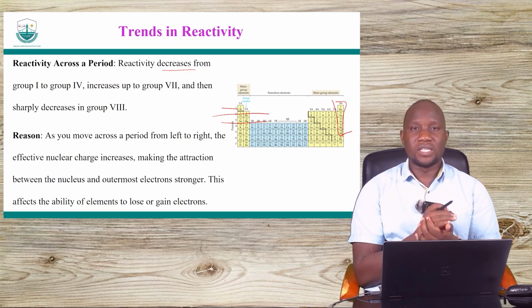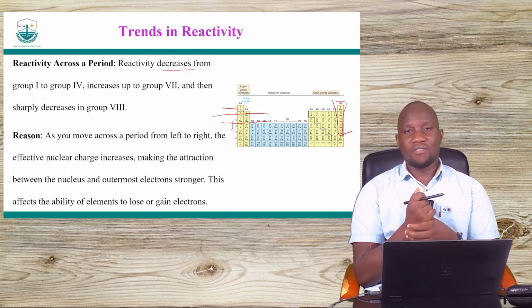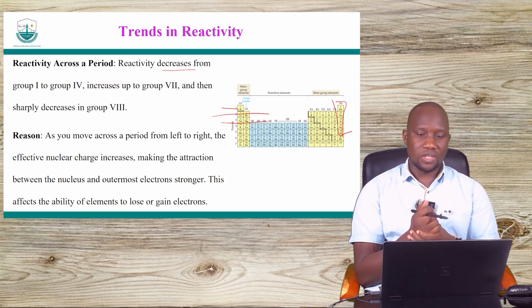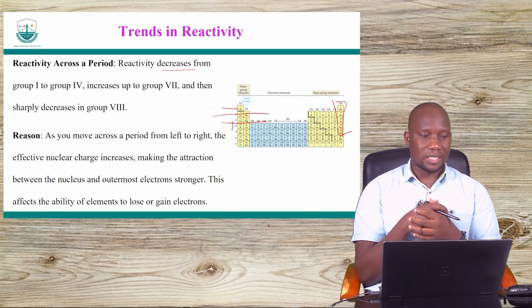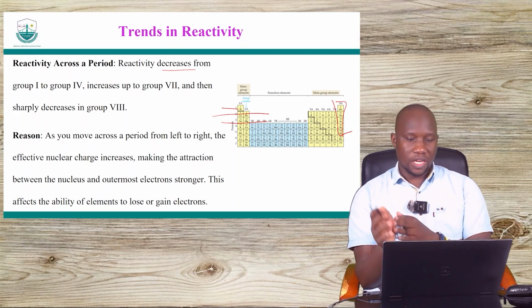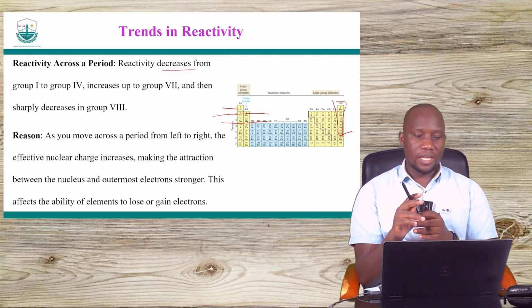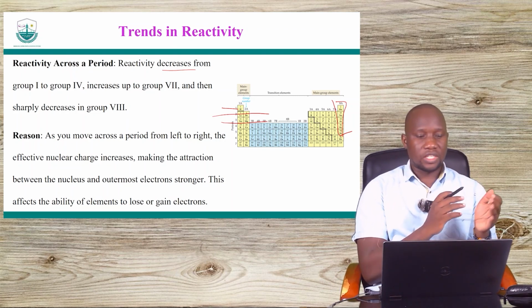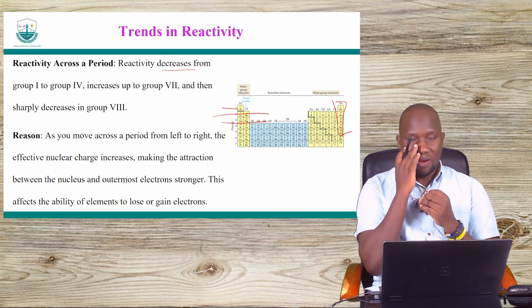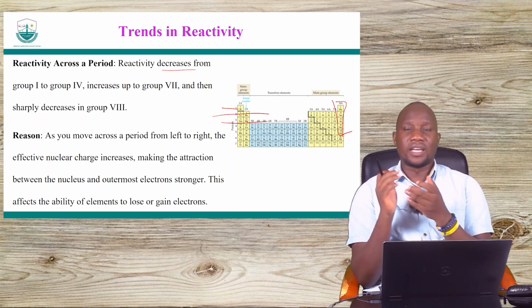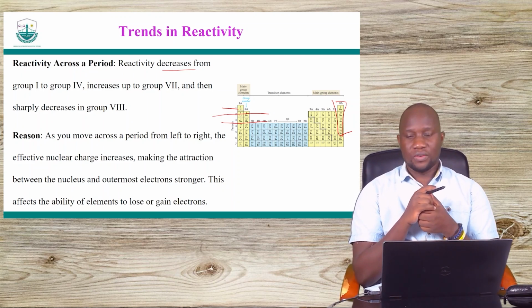They have what you call a stable configuration, and therefore they do not participate in a lot of chemical reactions. So that's why sometimes we call them inert gases. Okay, so what is the explanation? As we move across the period from left to right, the effective nuclear charge increases, making the attraction between the nucleus and the outermost electrons stronger. And this affects the ability to either gain or lose electrons.